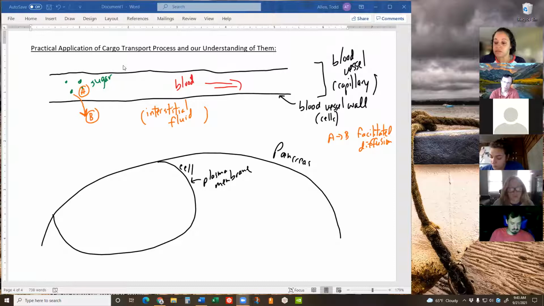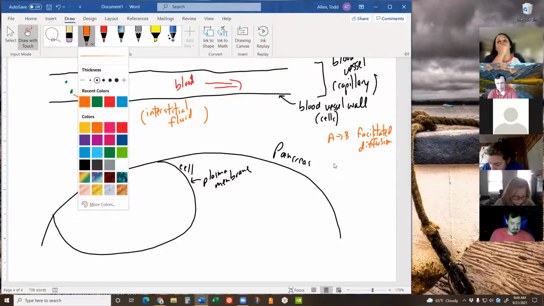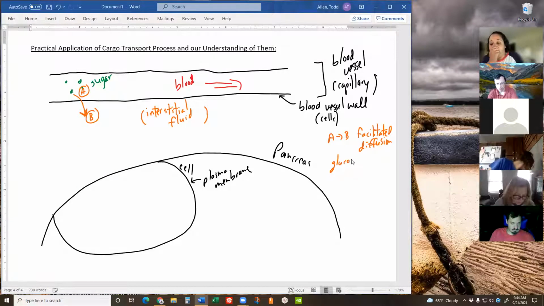That makes glucose a pretty small molecule. Not as small as water or oxygen, but certainly much smaller than a large protein would be. So it's facilitated diffusion in this scenario because glucose is small, C6H12O6, only 24 atoms.